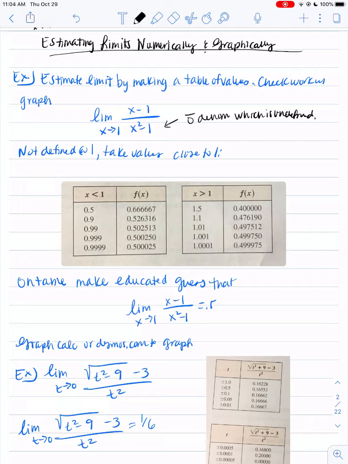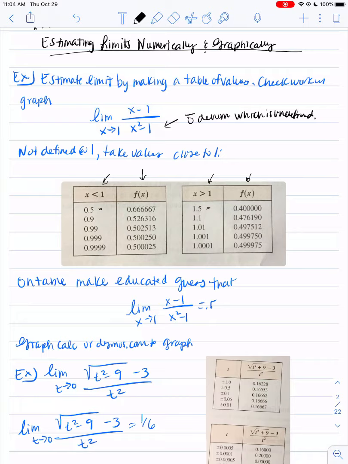So I have values of x that are less than 1, and when I plug those in, they give me my f of x values. And then I have values greater than 1, slowly increasing, and then I have my function f of x and what that gives me. For x less than 1, I use a value that's pretty far away from 1, and this one is 0.5 away from 1. And then I get closer and closer.